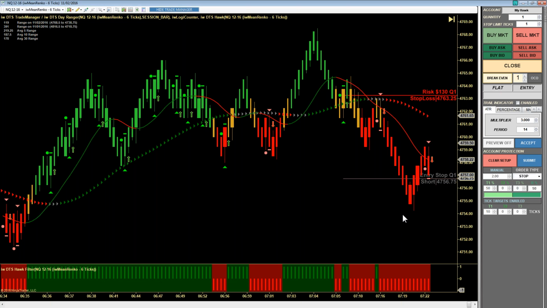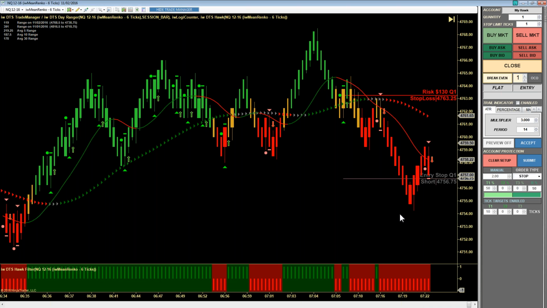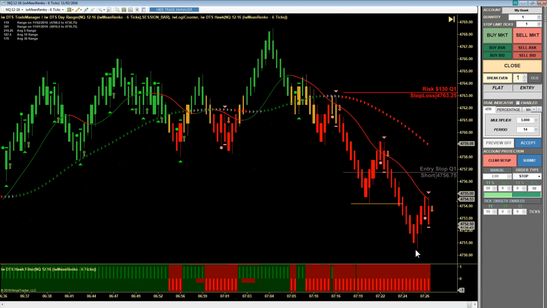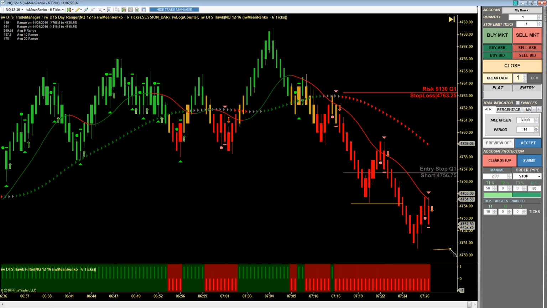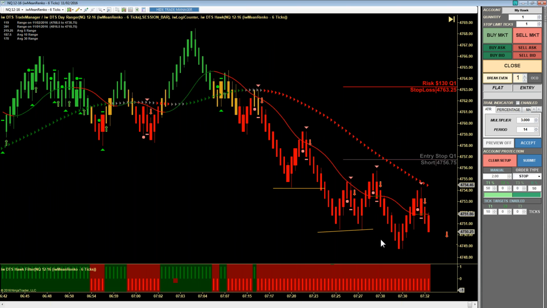We could manually, by right-clicking on the chart, enter another order here. And then as the market progressed, we could manually right-click on the chart, add another order here, and you could add in as the market kept moving in your favor.